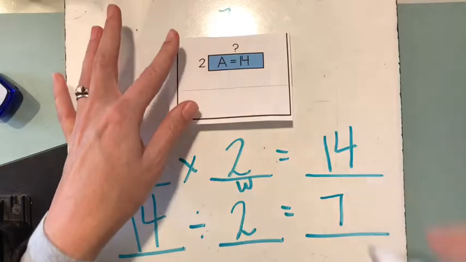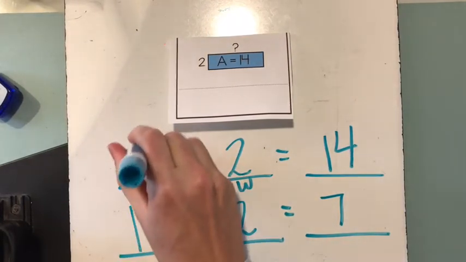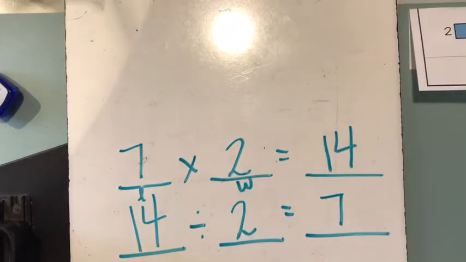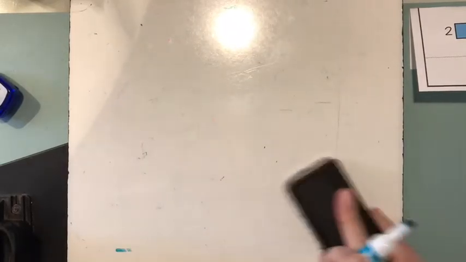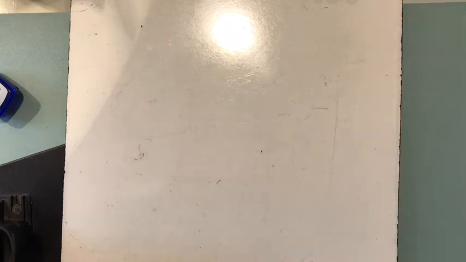That's my missing length. So we're going to fill that in. 7. Not too bad. Okay, on to the next. I'm going to do 2 more examples just to get you guys comfortable with it, and then we will have you do some on your own.